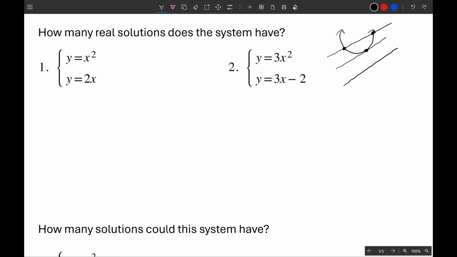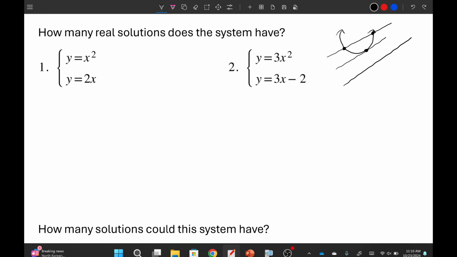And if my line doesn't hit my parabola at all, I will have no solution. So I only have the option of one solution, two solutions, or no solutions. In order to do these, we are going to graph them and see how many solutions they have visually.